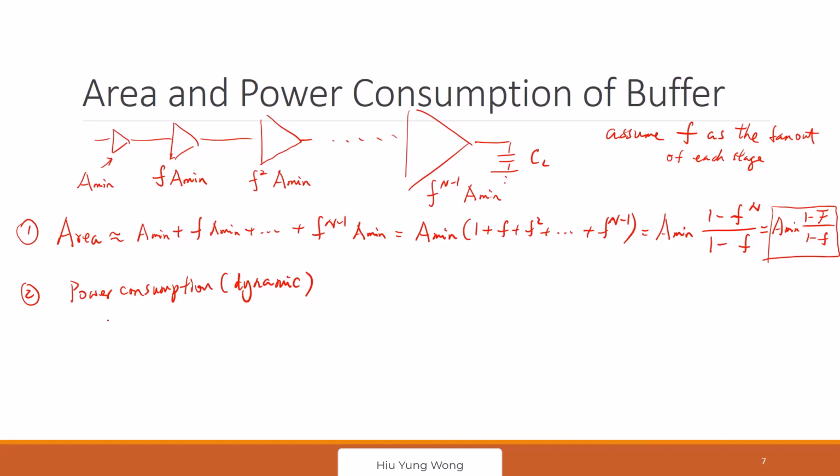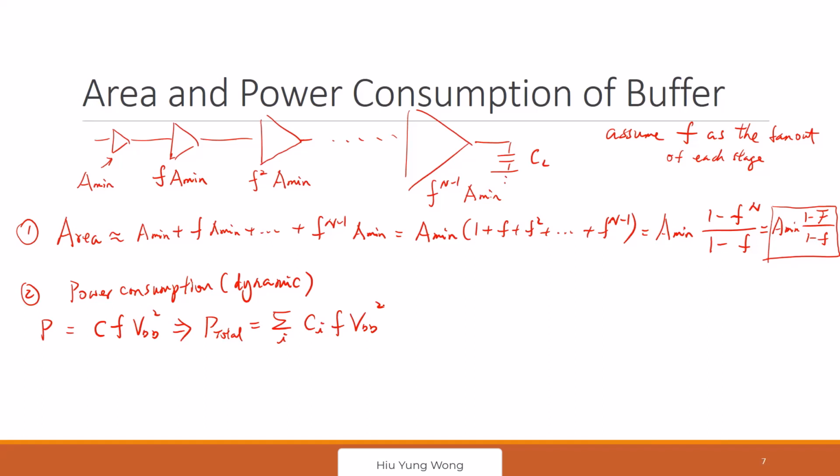Very good. C F VDD square. But we're talking about the total. Then you need to add them together, summation I for each stage, CI, F, frequency should be the same, VDD are the same.